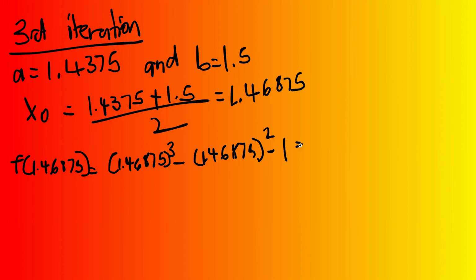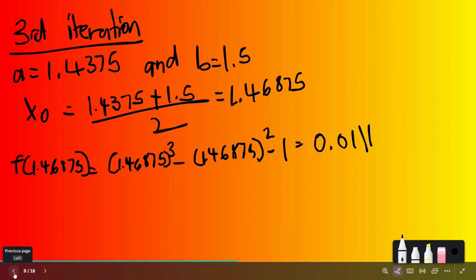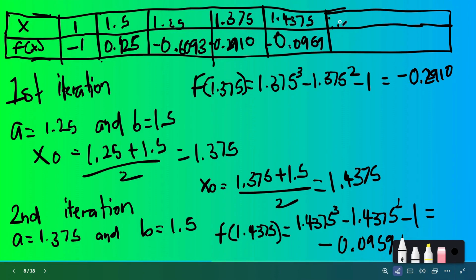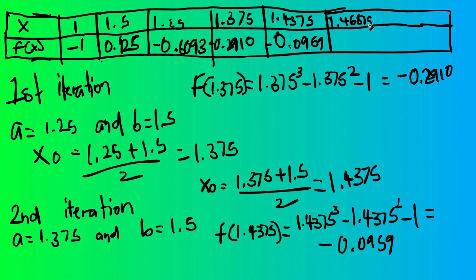So the answer is 0.011, so 0.0111. So the answer is 0.0111 in the third iteration. So 1.46875 and 0.0111.